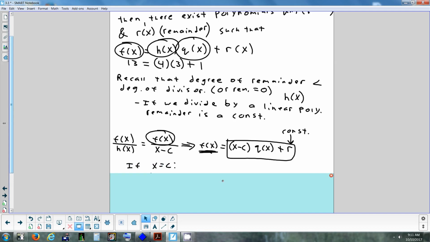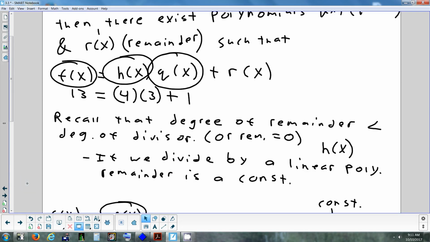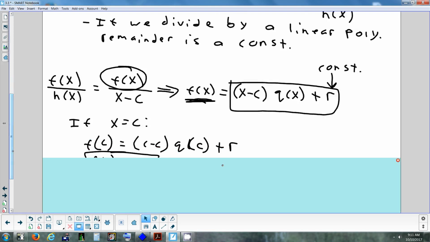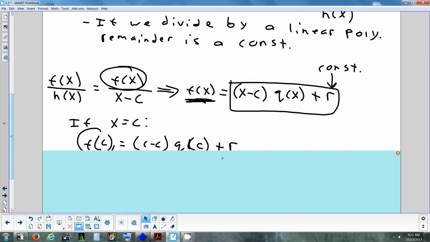I'm going to plug c into my original function, because that's what that means to do, and watch what happens.